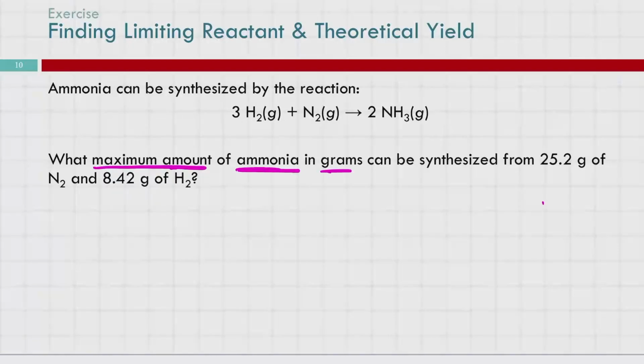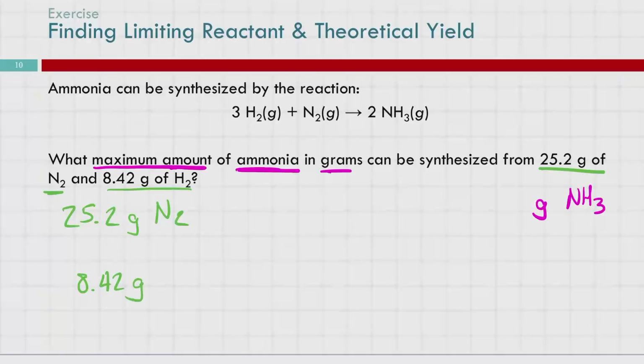So we're trying to get to grams of ammonia, that's NH3. We're given 2 starting materials, grams of N2. So 25.2 grams N2, and also 8.42 grams of H2.